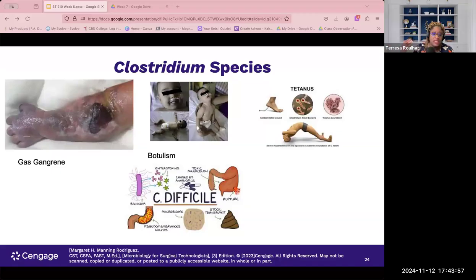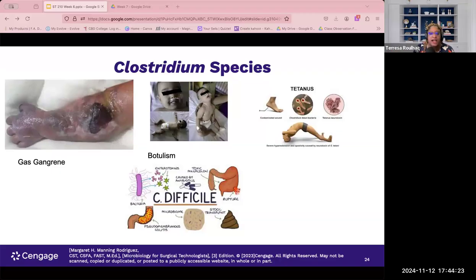Botulism. It is a neurological disease caused by the botulinum toxin. It blocks nerve function, leading to muscle paralysis. The disease can occur through ingestion of contaminated food, so that would be like a foodborne botulism, wound infection, or in infants where you see infant botulism. We have tetanus.